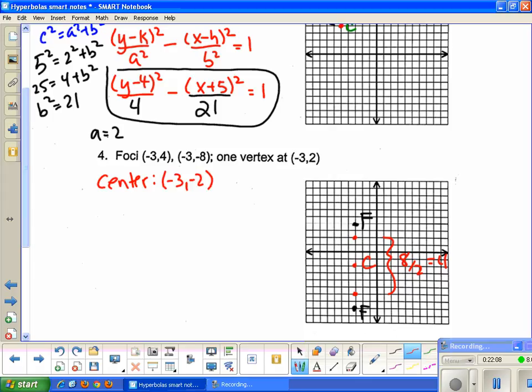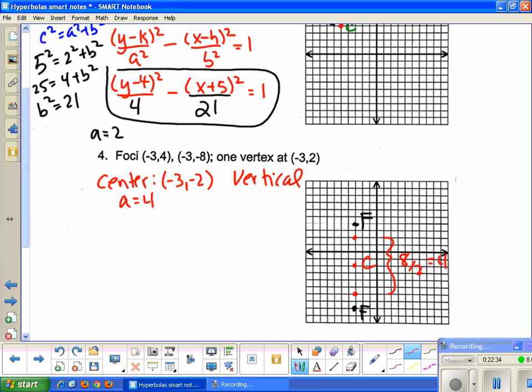So now that I have the center, I also have the distance from the center to my vertices, which we said was 4. So that tells me my a value is equal to 4. I know that for this, this is also going to be a vertical hyperbola because my foci are in line with the center, above and below it.